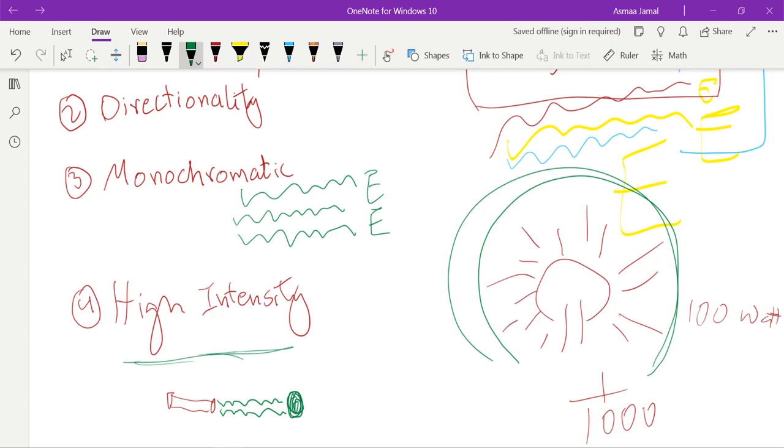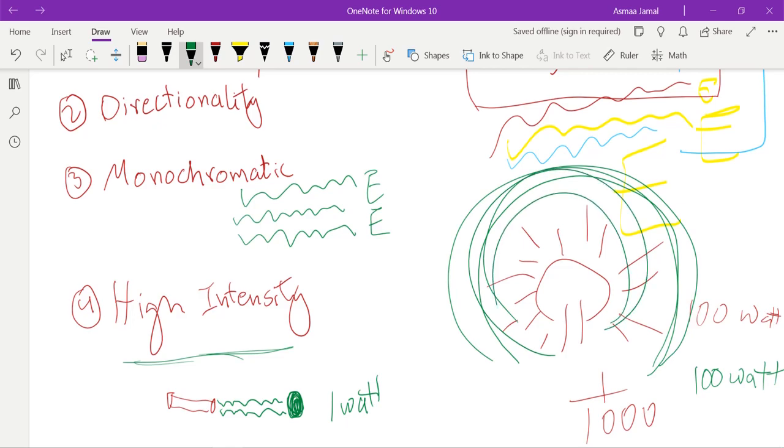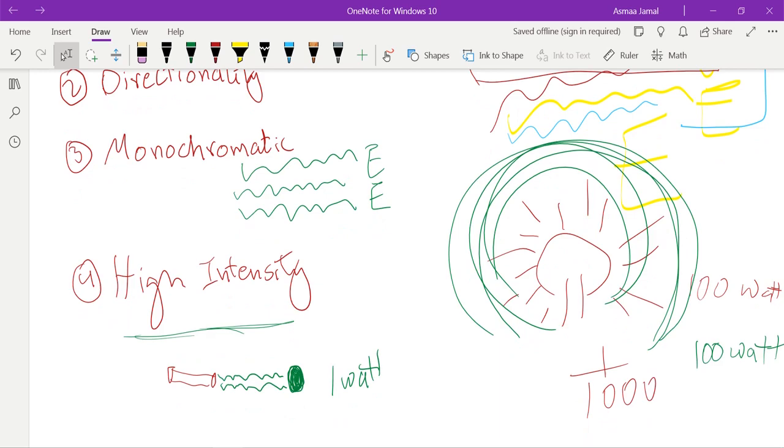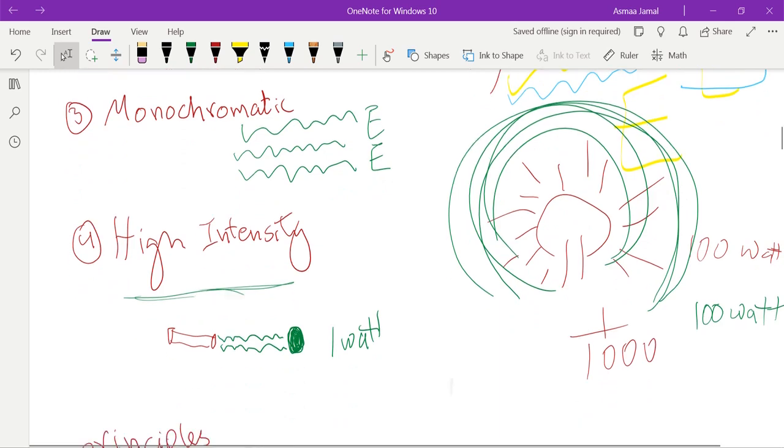So the laser here is very focused. That makes 1 watt of laser appear many thousands of times more intense than 100 watts of ordinary light, because here it's spreading all around while here it's focused in just one area. So those were the characteristics or properties of the laser.